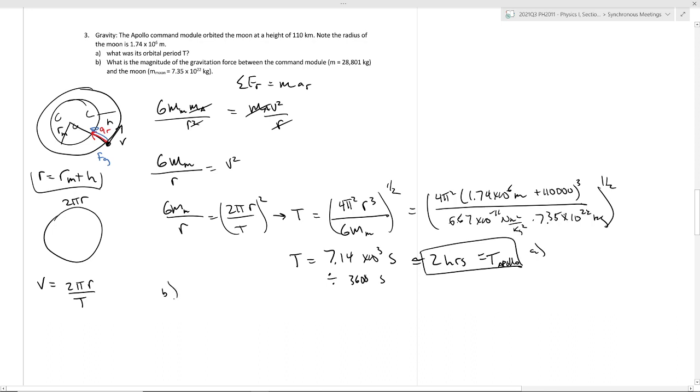Part B asks us to just calculate the magnitude of the gravitational force between those.